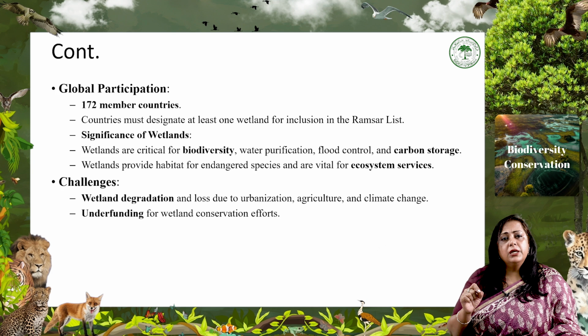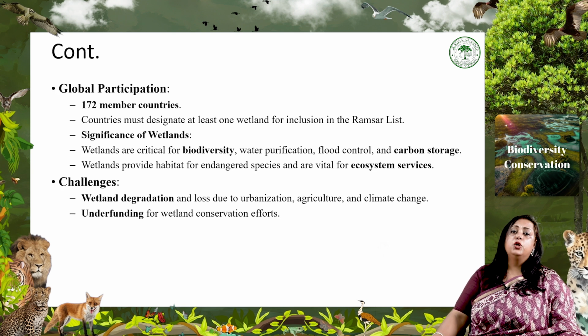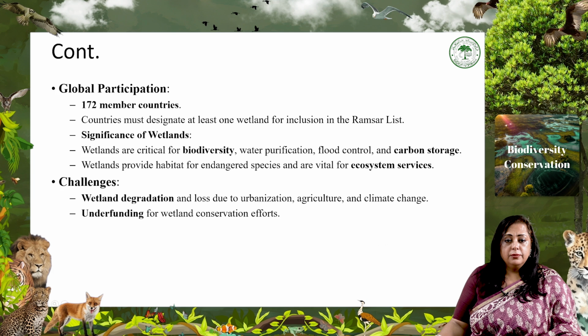For example, Keoladeo National Park is a wetland, and the Chilika Lake. These are the important wetlands which have been listed in the Ramsar list, and we are getting global cooperation for their conservation.